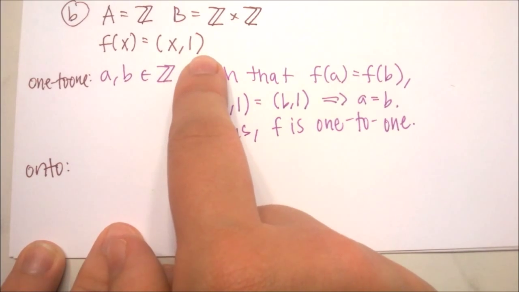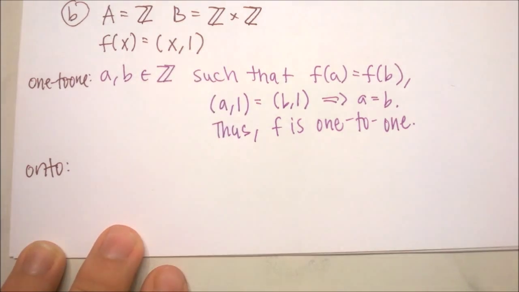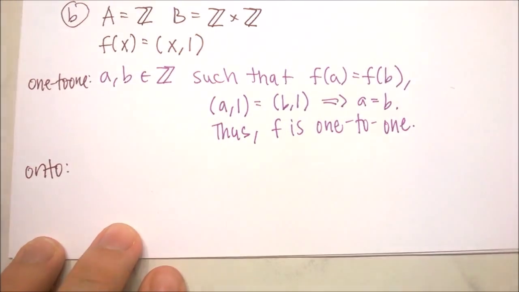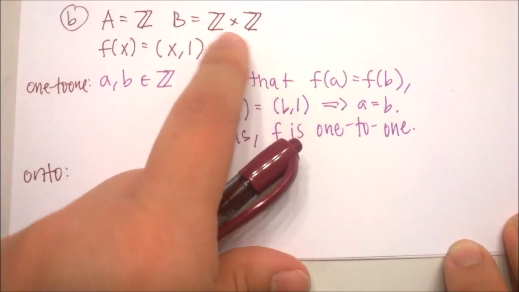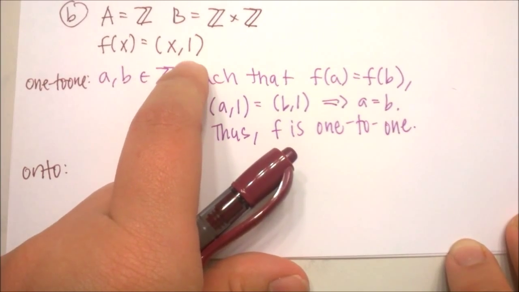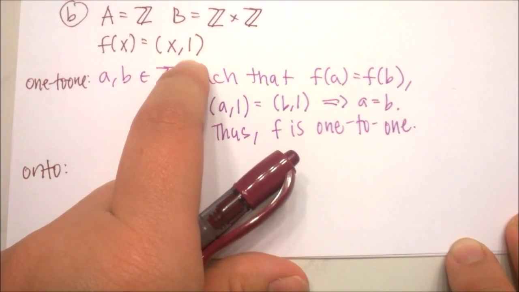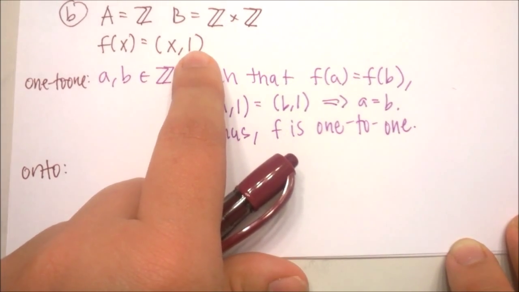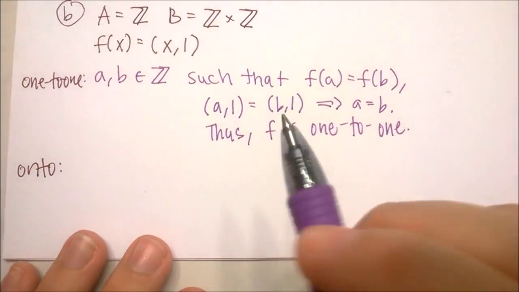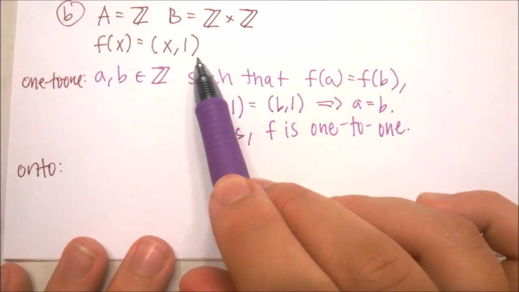So let's pick an arbitrary, we can kind of see that this isn't going to cover all integers because this second coordinate is a set integer, it's 1. So this second coordinate is not going to cover all integers. So we can just pick anything. We know that we can kind of look at this and know it's not onto.